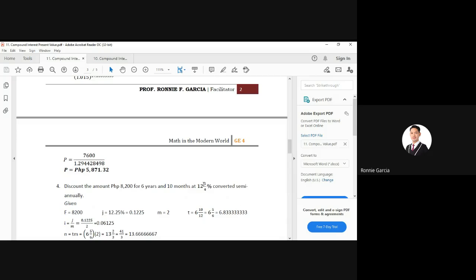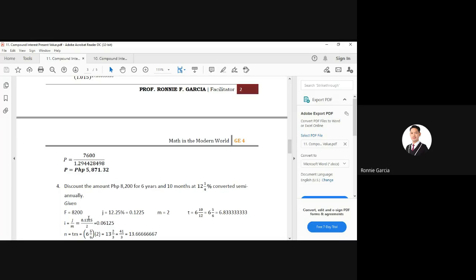12 and 1/4%. We also need to convert this into decimal. 1 divided by 4 is equal to 0.25. Then you add it to 12. So you have 12.25%. Convert into decimal, so you have 0.1225.